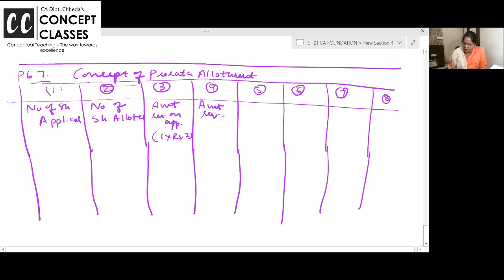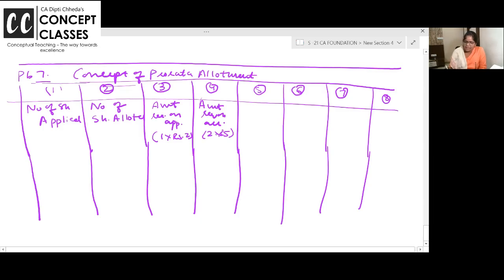Amount required on allotment. Amount required on allotment is 2 into 5. Second column, whatever allotment is, into 5 rupees. Amount received on allotment.